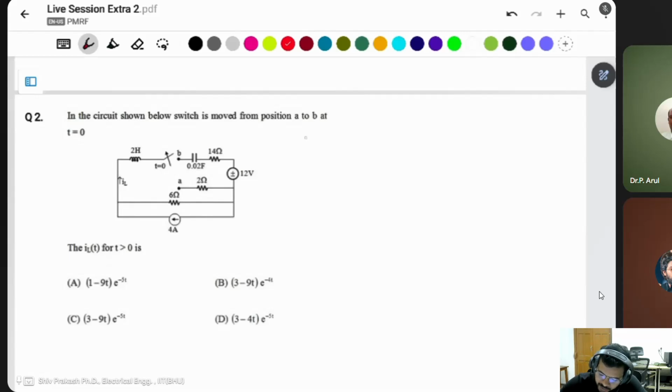Okay, how can you find the initial value? You make the circuit at t equals 0 minus. This circuit is connected to this one, and the inductor will be short circuited.